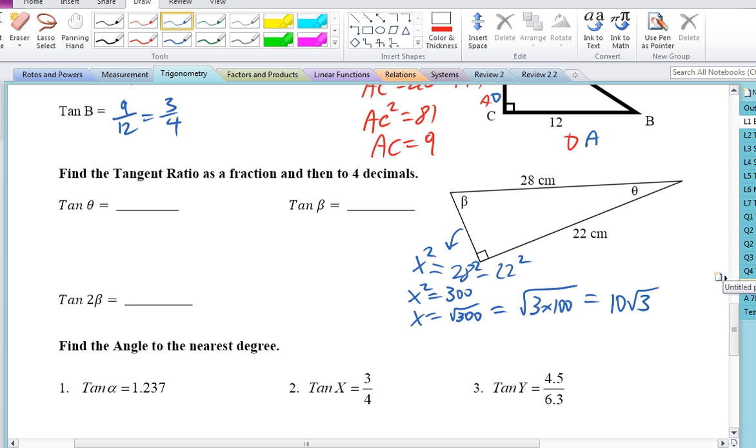Okay, so tan theta would be 10 root 3, the opposite, over 22. And then tan beta will be 22 over 10 root 3.